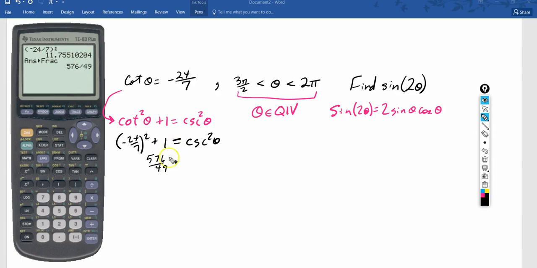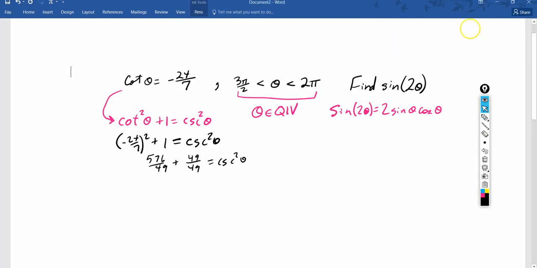Then I'm going to rewrite 1 as 49 over 49. So 576 plus 49, I'm going to have 625 over 49 is equal to cosecant squared theta.